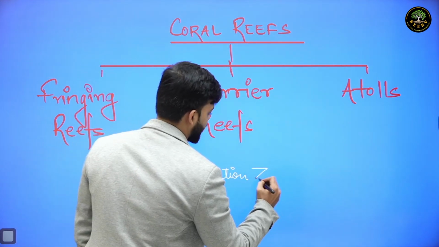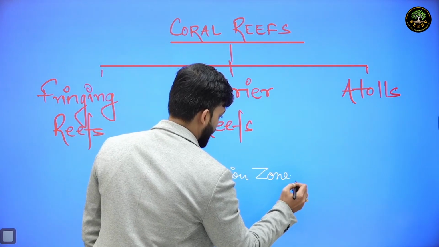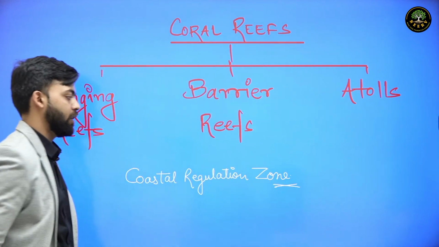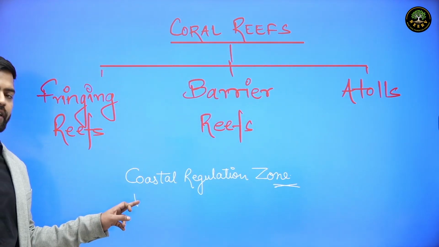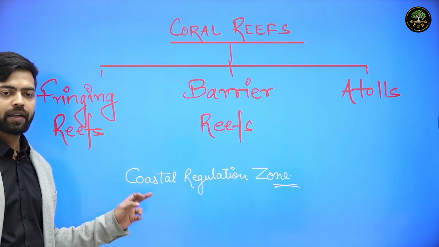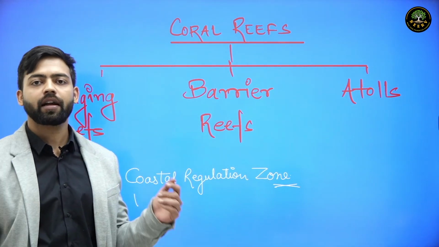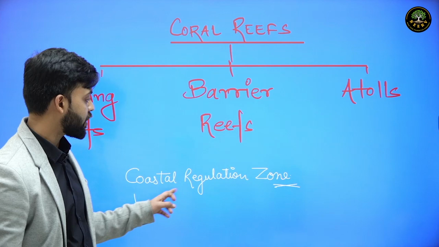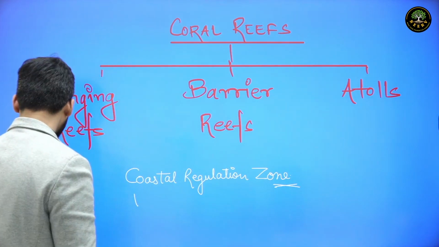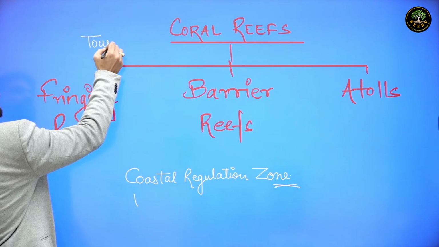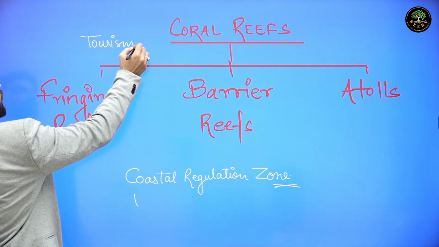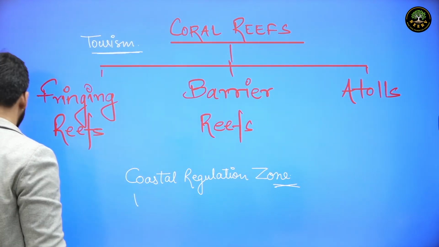And these coral reef areas are protected under Coastal Regulation Zone. For example, the fishing activity or the building activity as well as tourism activities are regulated as far as this Coastal Regulation Zone is concerned. Tourism is also one of the threats to coral reefs.